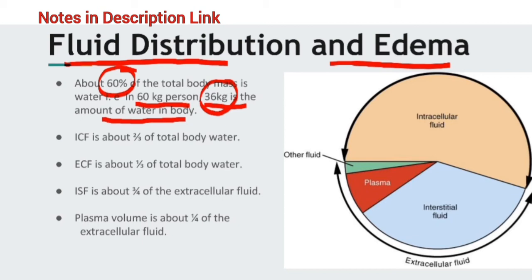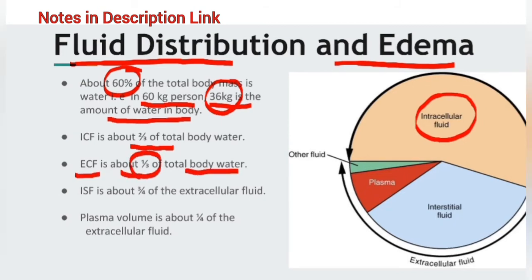For example, fluid which is present inside the cell, including red blood cell, comes under the intracellular fluid, which is actually two-thirds of the total body water. The fluid which is present outside the cell comes under the extracellular fluid, and this contains one-third of the total body water.